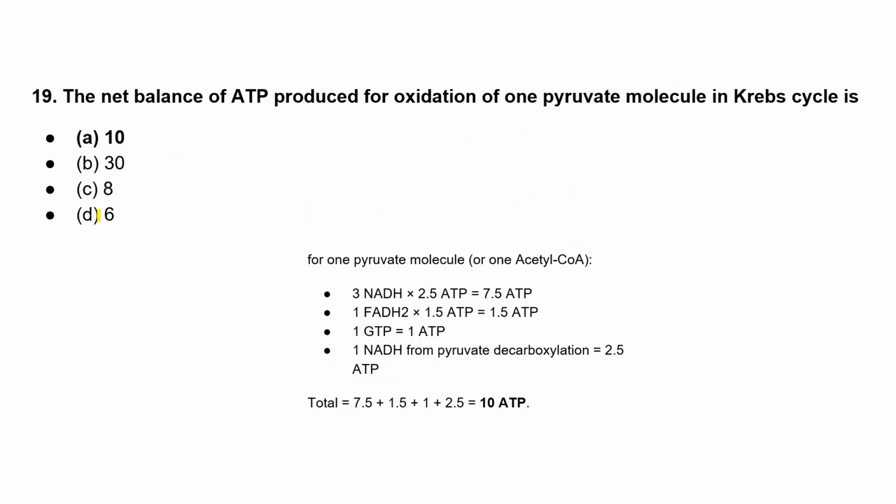Okay, let's see. The 10 is the right answer for this question. For one pyruvate molecule, 3 NADH will form, right? One FADH2 and one GTP, which is equal to one ATP. We know that 3 NADH means 7.5 ATP, one FADH2 will give rise to 1.5 ATP, one GTP gives 1 ATP. So the total is 7.5 plus 1.5 plus 1, that is 10 ATP.